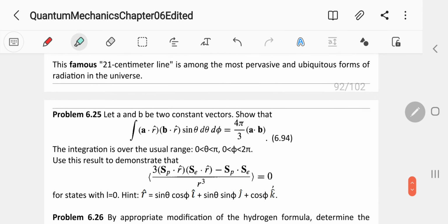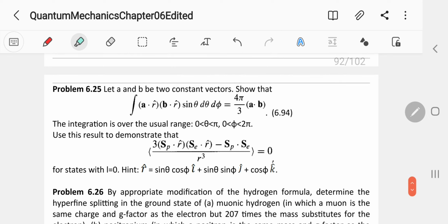So these are the problems that you have to experience solving. It doesn't matter if you finish one problem, for as long as you know how to start the solution and be able to sketch the solution, it would be fine.